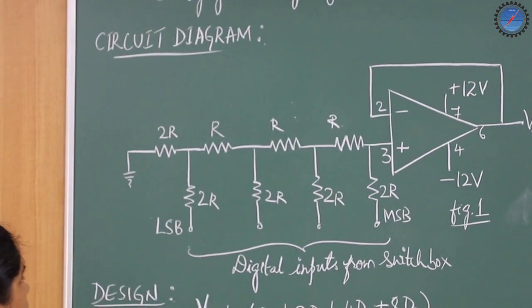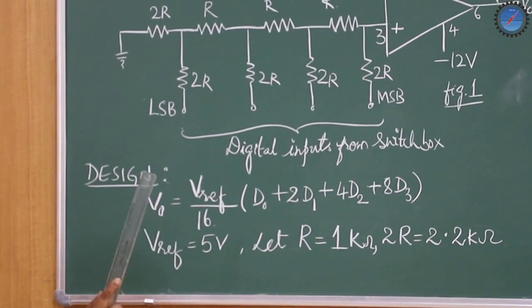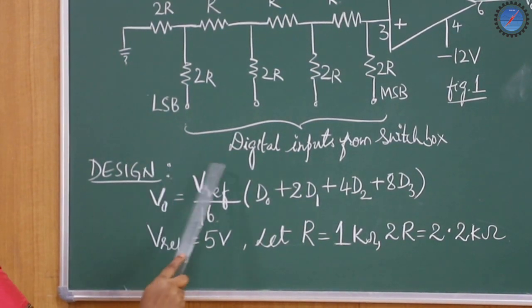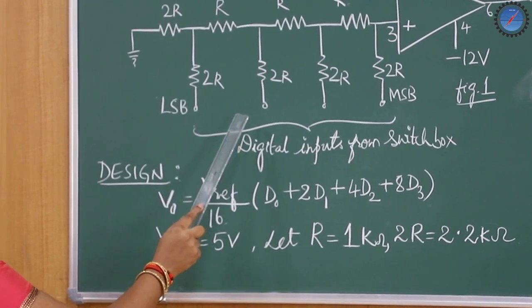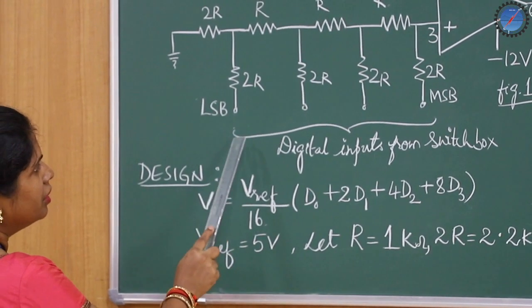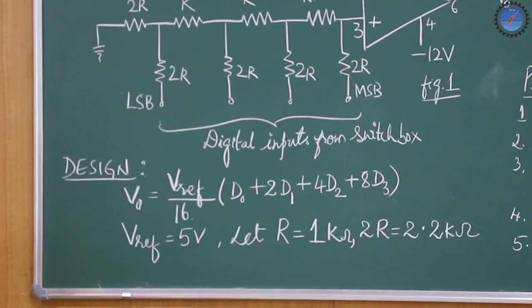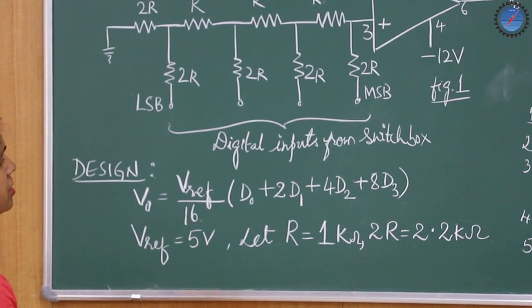And coming to the design part, output voltage theoretically we can calculate using the equation V reference divided by 16. As it is a binary number system and we have 4 inputs, 2 power 4 is equal to 16, so we can apply 16 different input combinations.